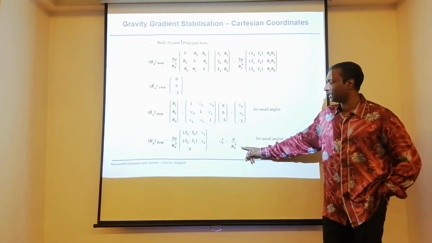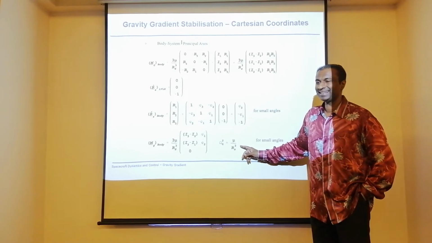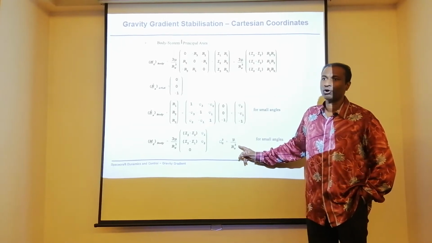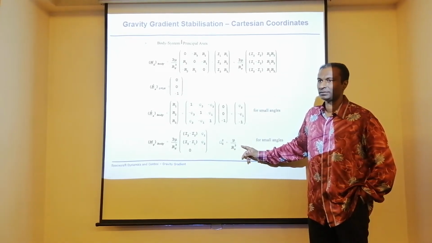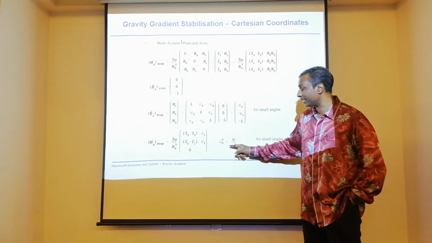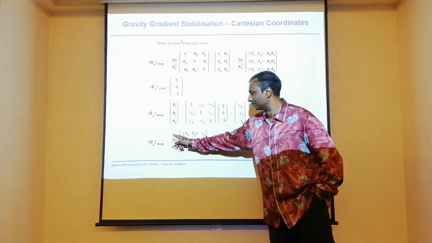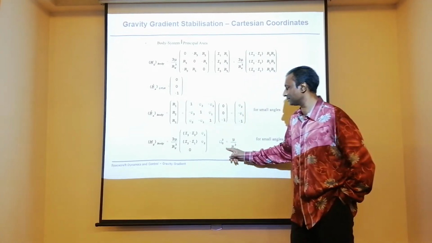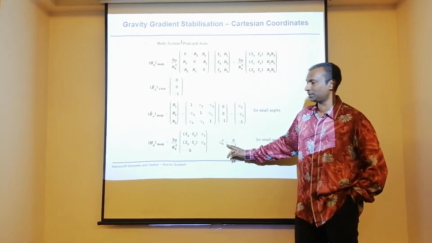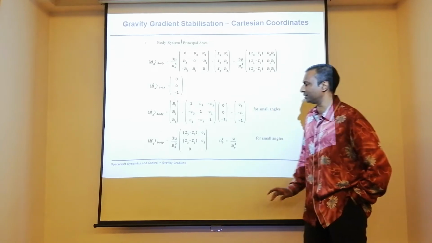Note, in space mechanics we have also learned this: this is practically your orbital frequency, square root of this. So you can rewrite this and plug this term in in terms of orbital frequency. Now what I'm going to do is this.